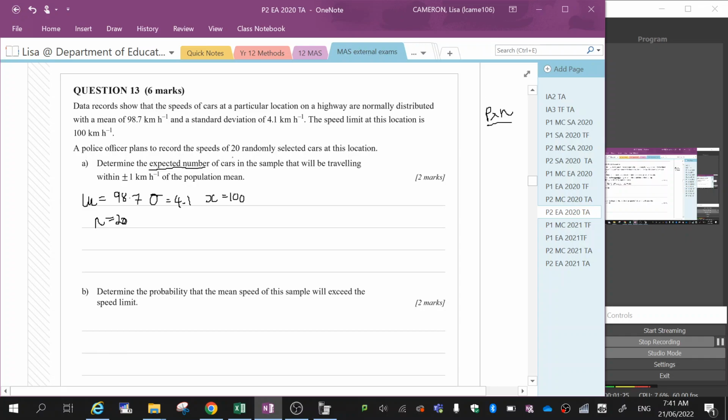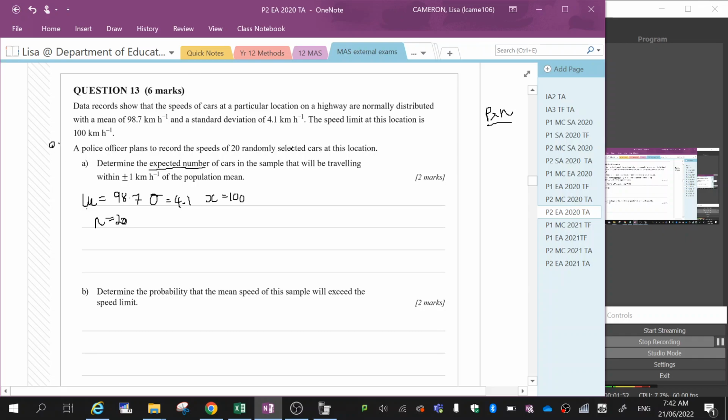So the expected number of cars in the sample that will be travelling within 1 kilometre of the population mean. Okay, so think about what we're finding here. It hasn't really asked you anything about the expected means of the rest of the data. It's just telling you of the mean data, how many people are within 1 kilometre of that. So the trickiest part of this is understanding what it's asking you.